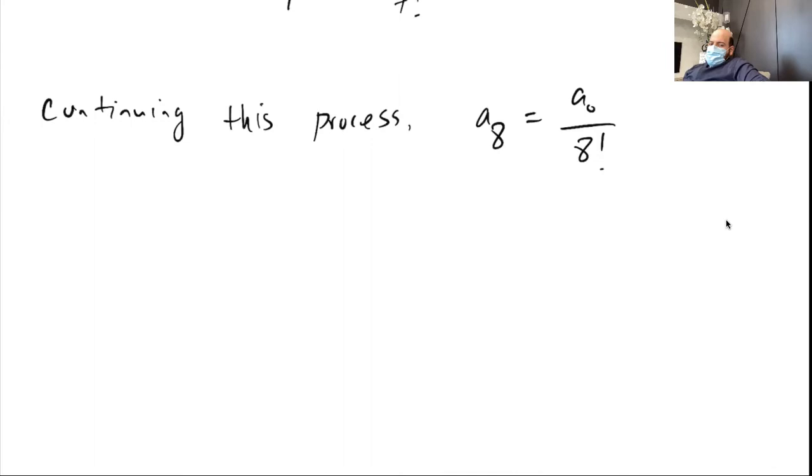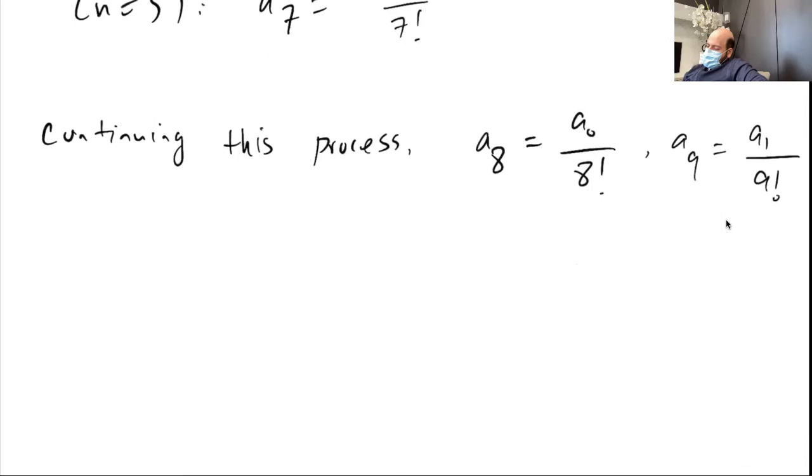So a8 equals a0 over 8 factorial, a9 equals a1 over 9 factorial. Then a10, after these 2 plus terms, again we will have 2 minus terms: minus a0 over 10 factorial, a11 equals minus a1 over 11 factorial, and so on.